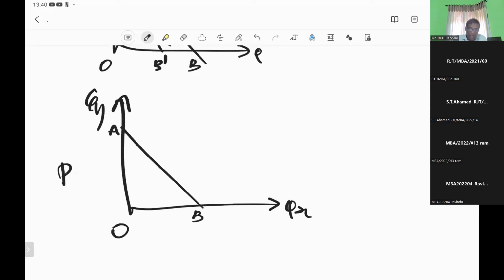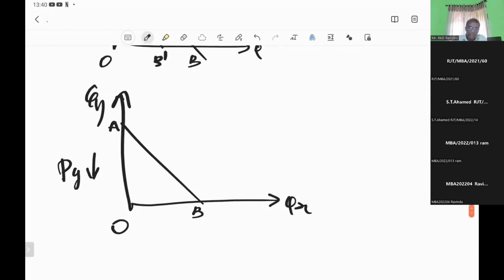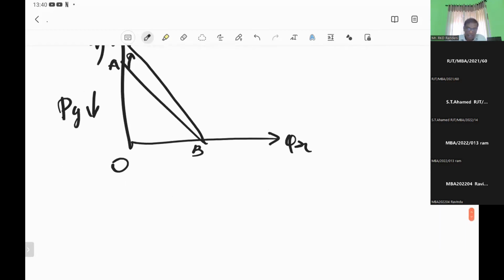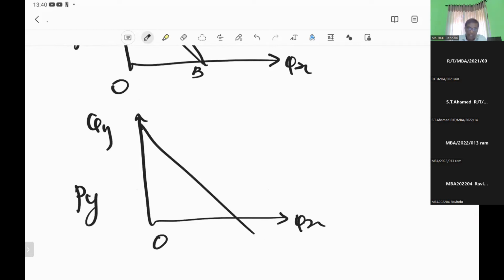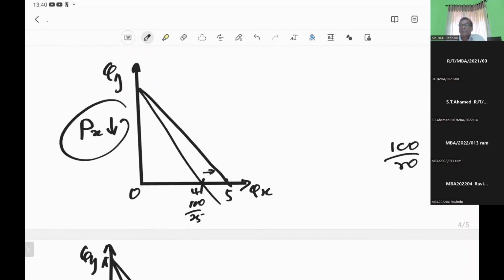Then if the price of Y is reduced, the budget line rotates. Quantity Y, quantity X, 0. Then if the price of Y increases, the budget line shifts to the left hand side. Right, you have to realize.